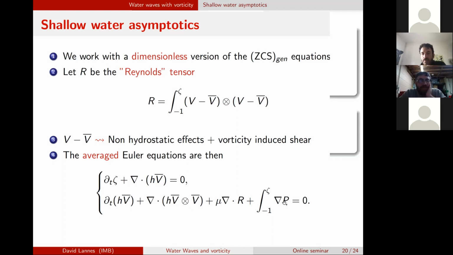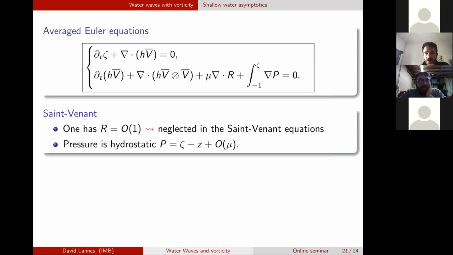If you look at the level of the Saint-Venant equation, where you want a model which is precise at order mu, so you neglect all the terms of order mu, then you don't have much influence of the vorticity terms, because what I call the Reynolds tensor R is of order 1, and it has a small parameter mu in front.